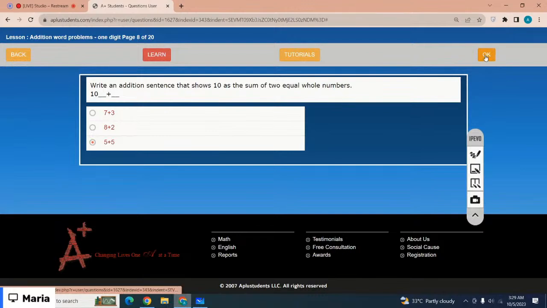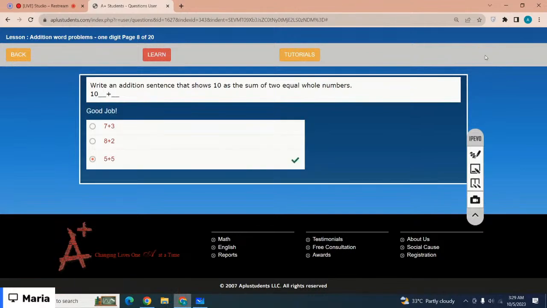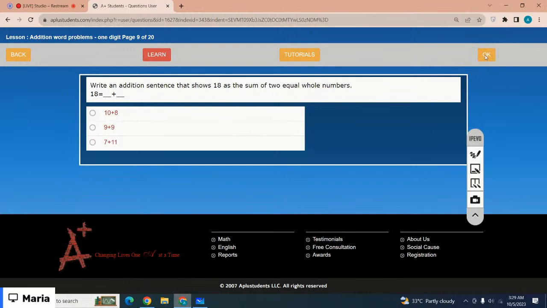That shows 10. So 5 plus 5 equals 10. Which is the correct option?